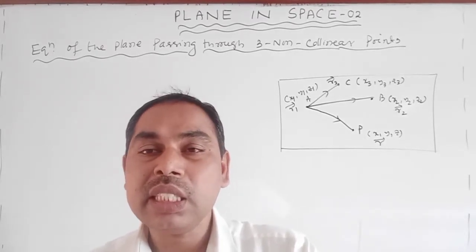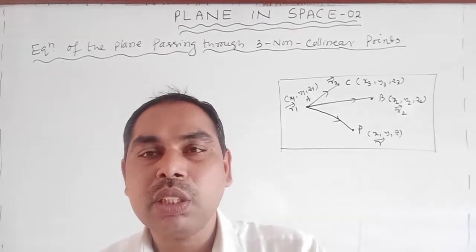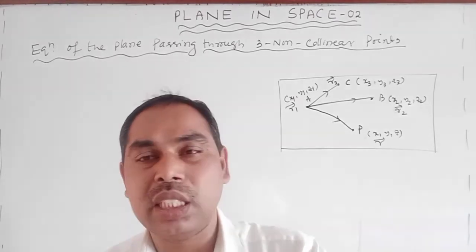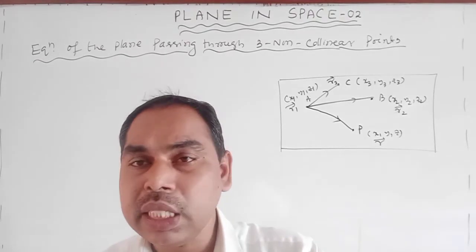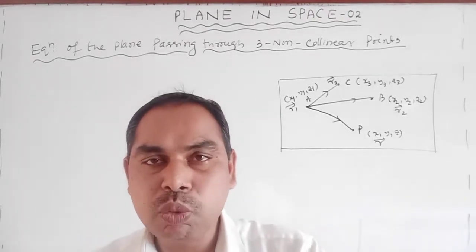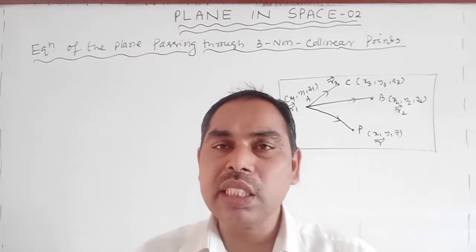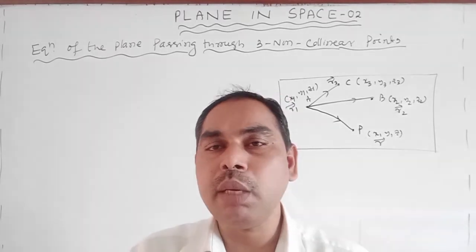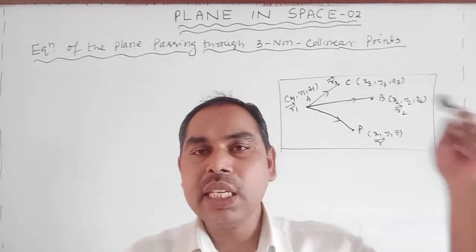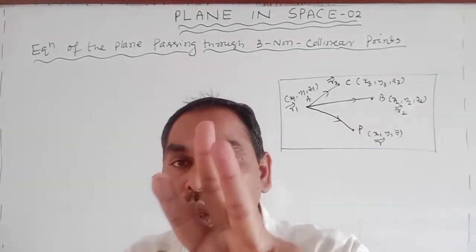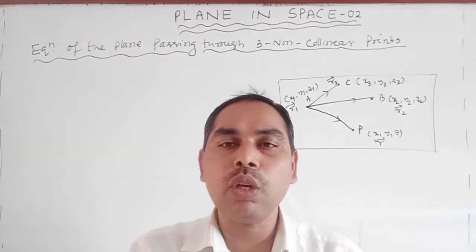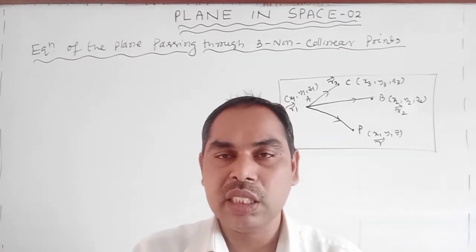The answer is 3, because the equation of plane contains 3 arbitrary constants, a by d, b by d and c by d. Therefore minimum 3 conditions are required to form the equation of a plane. So 3 non-collinear points means 3 conditions.